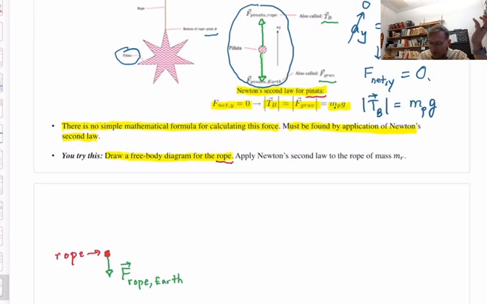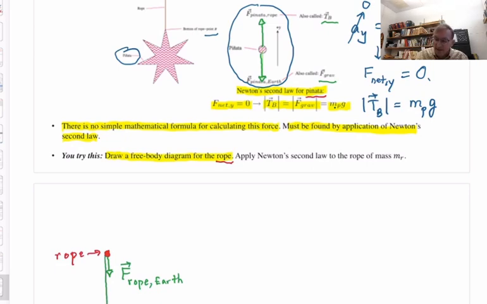Let's think about the force on the rope from the piñata at the bottom end of the rope. Which way is that force? Well, at the bottom end of the rope where the piñata is pulling, I think it's pulling down, isn't it? My intuition tells me that there's a downward force. I'm going to label it pretty big.